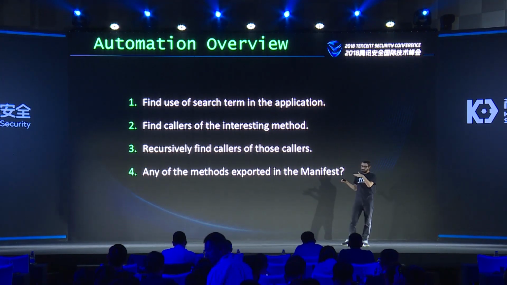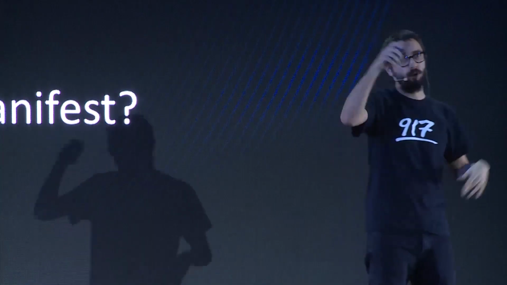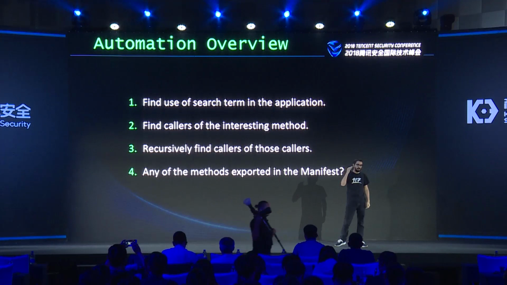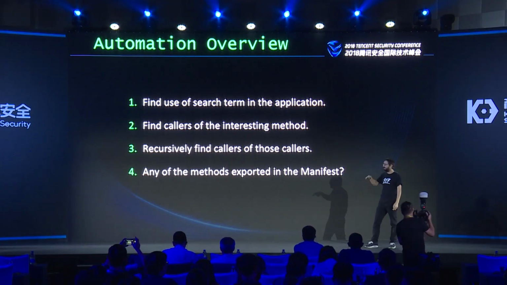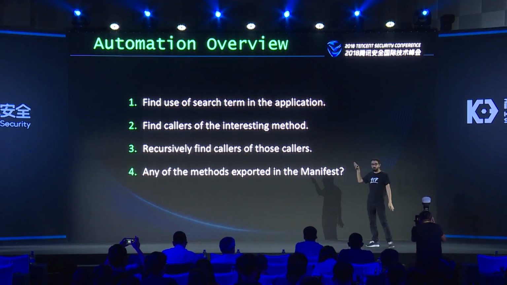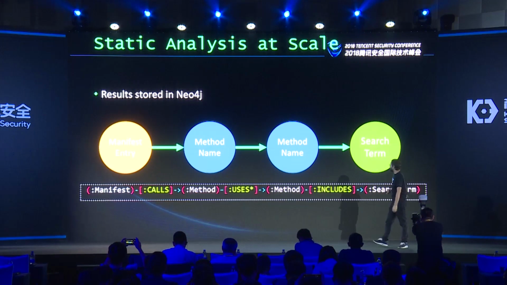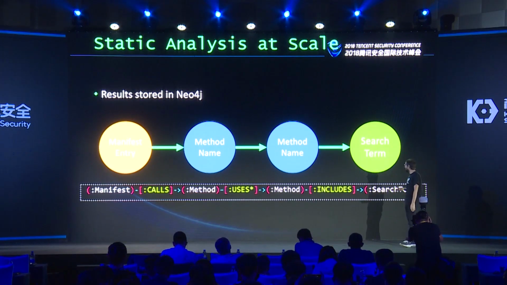At the end of this process, once we find all of these calls recursively, we go through the list and we check if any of those activities leading to the vulnerable code are actually exported in the Android application's manifest. This is what it looks like, just roughly.